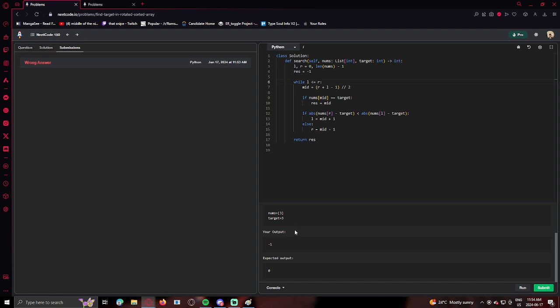Well, L is less than or equal to R. They're both equal to 0. Mid gets 0 plus 0 minus 1 divided by 2. It's just going to be 1 or negative 1. And then I'm going to say if nums at negative 1 equals target, which it does.